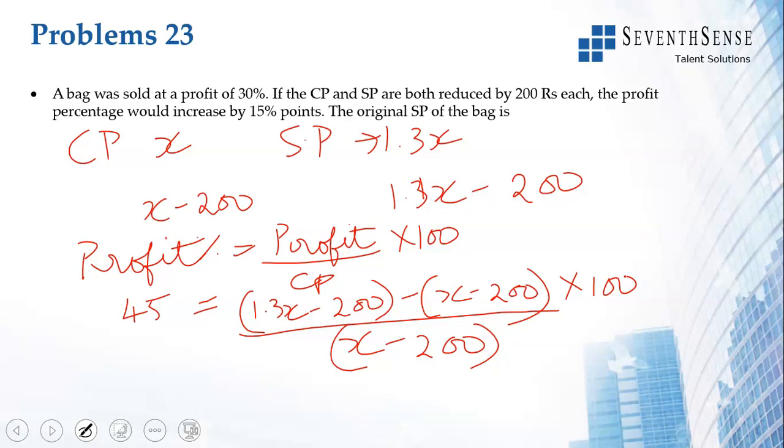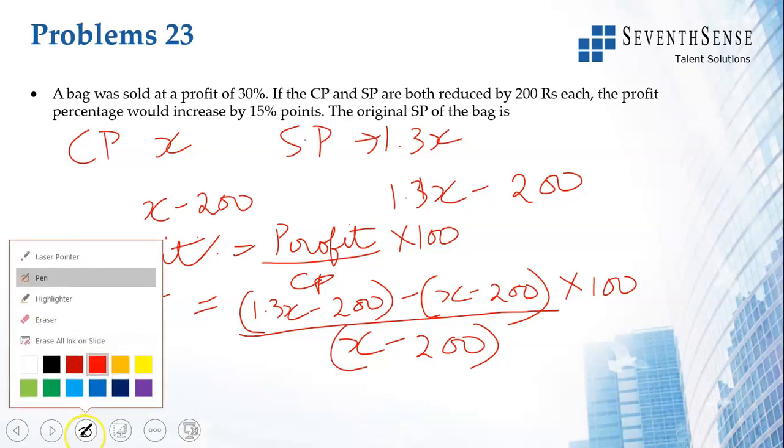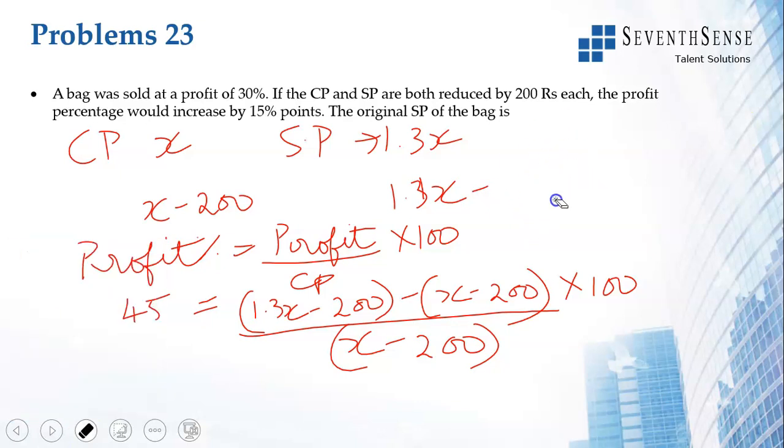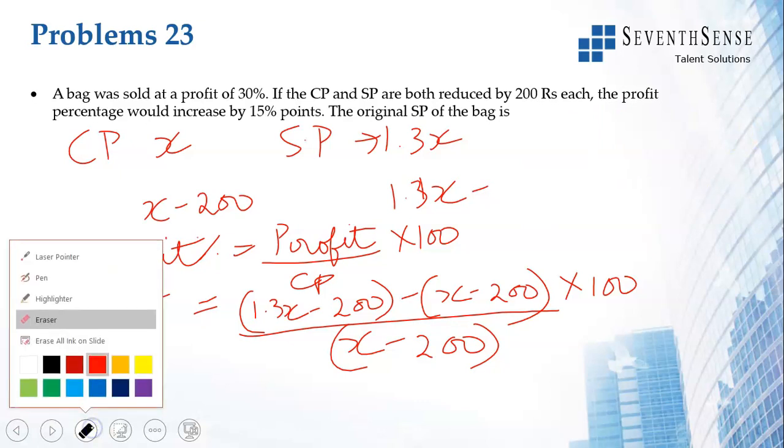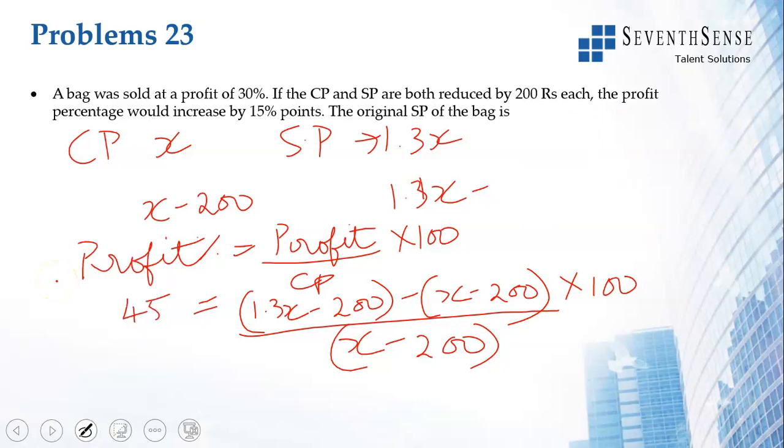Let me make some space here. So when I simplify, we get 45 percent by 100.